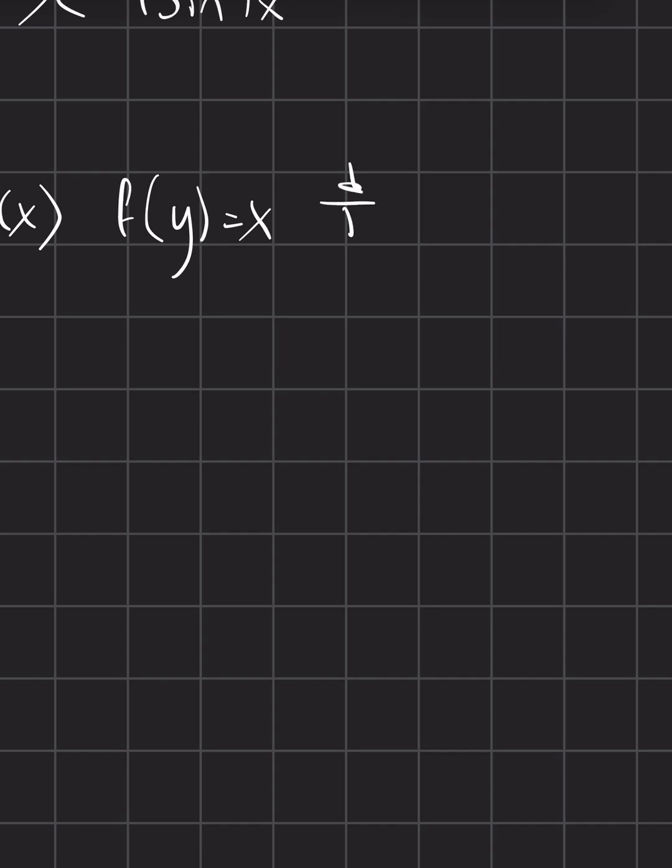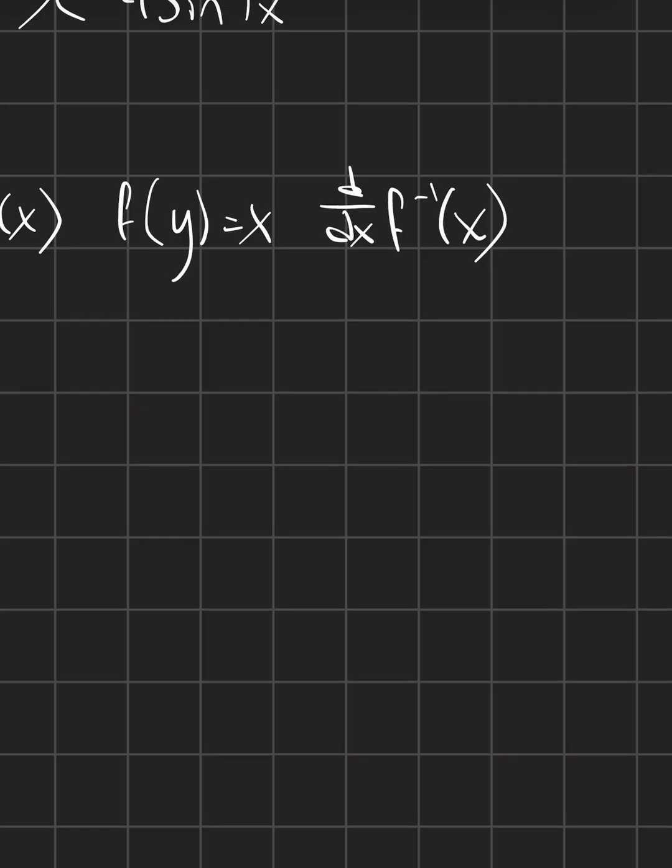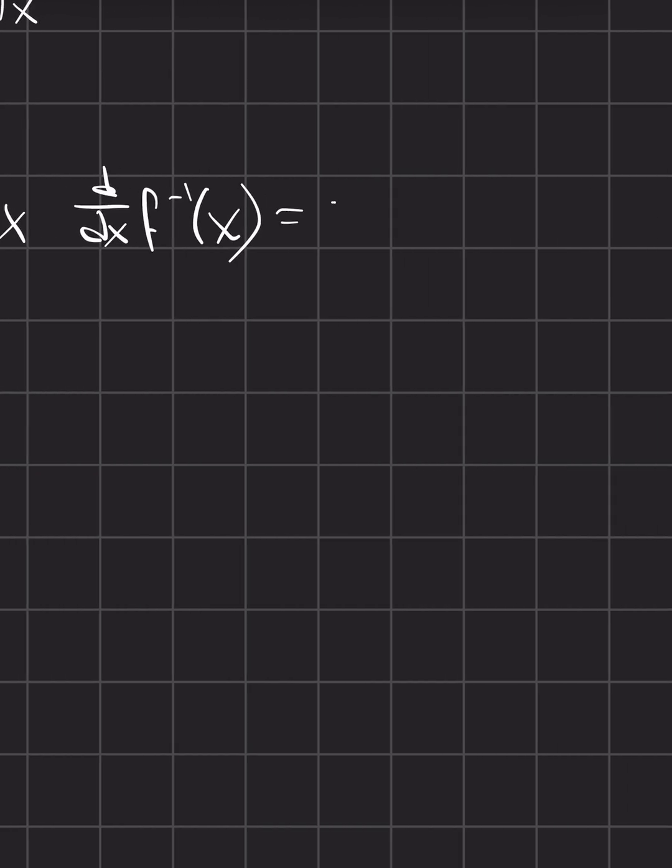And then if you want to find the derivative of the inverse function, you have to remember that it's just going to be equal to 1 over f prime of the inverse. It's kind of a mouthful to think about, but to do it, you want to take 1 over the derivative of the inverse of that.